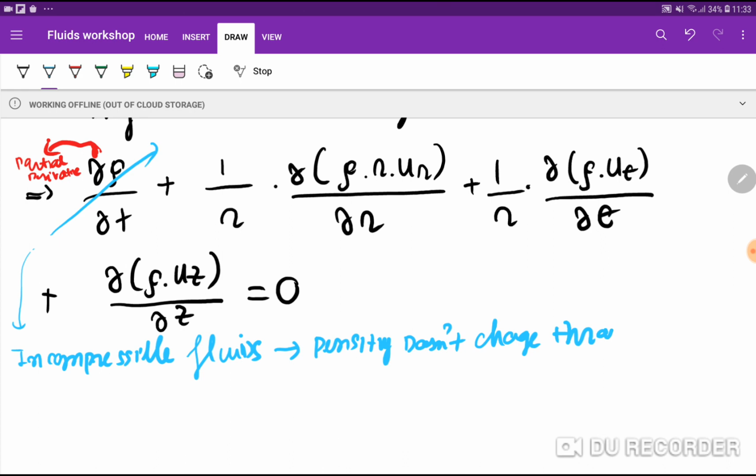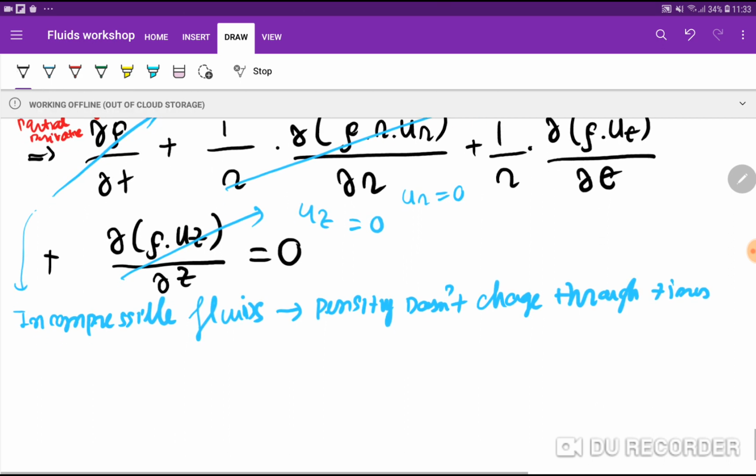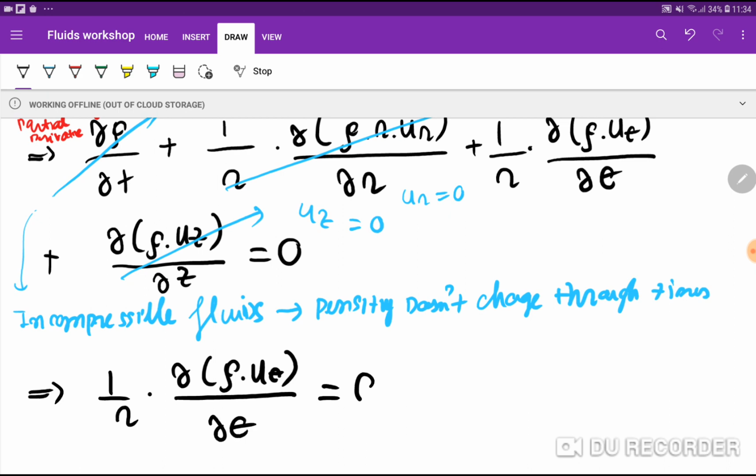Also, we can cancel this term out because u_z is 0. In this term right here, we can also cancel out because u_r equals 0. And we are left with 1 over r times the partial of rho times u_theta over partial theta equals 0.